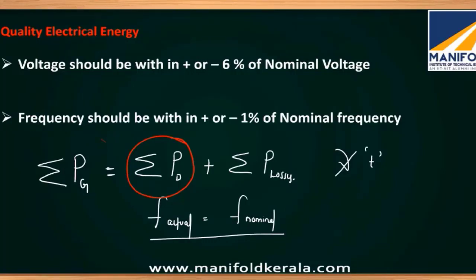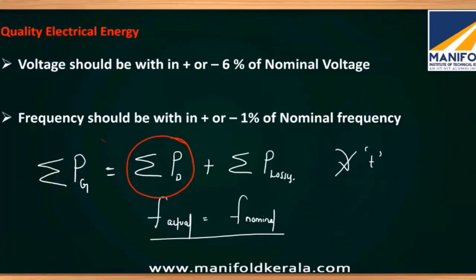So it is not possible to change the position of the valve instantaneously. Okay, if you open your tap, can you change its position instantaneously? No, it takes some time, 0.3 seconds, 0.5 seconds, 1 second to change from one position to the other. So the load can change instantaneously, but the matching generation cannot.